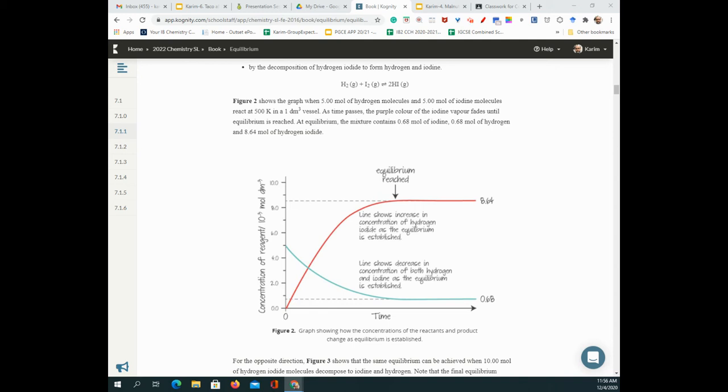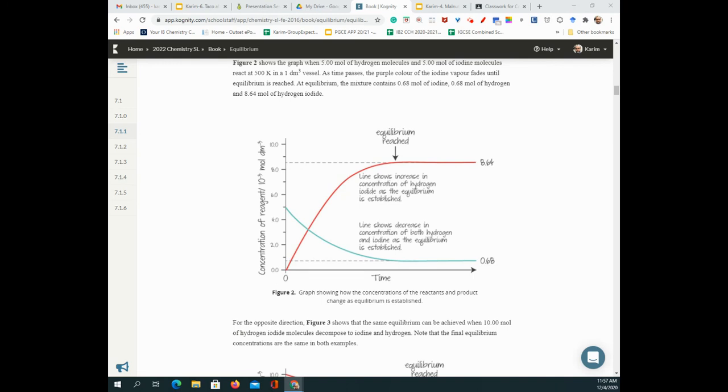The red line represents the formation of hydrogen iodide, and the blue line represents the concentration of iodine and hydrogen as the equilibrium is established. As you can see, they are proportional, right? But inversely proportional. Some of the info that we can get out of this figure is that eventually we will reach a maximum concentration, which is in this case 8.64 for the product and 0.68 for the reactant.